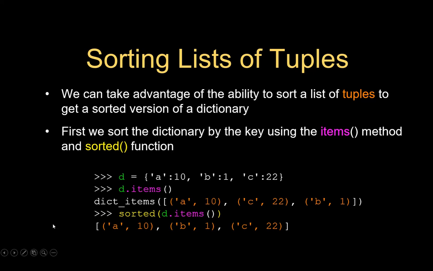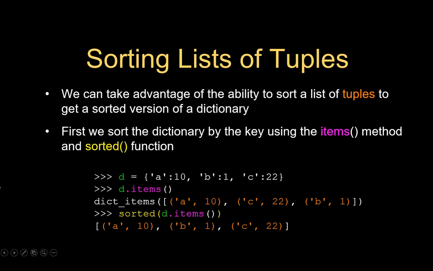Now, in these slides, we're going to talk about sorting a list of tuples. Of course, we can take advantage of the ability to sort a list of tuples to get the sorted version. This goes back to the problem we were trying to solve, which is finding the highest number in the string, or the most frequent word in a file.